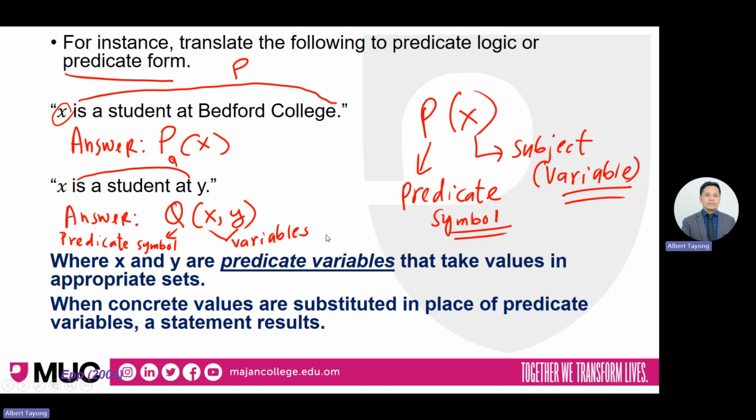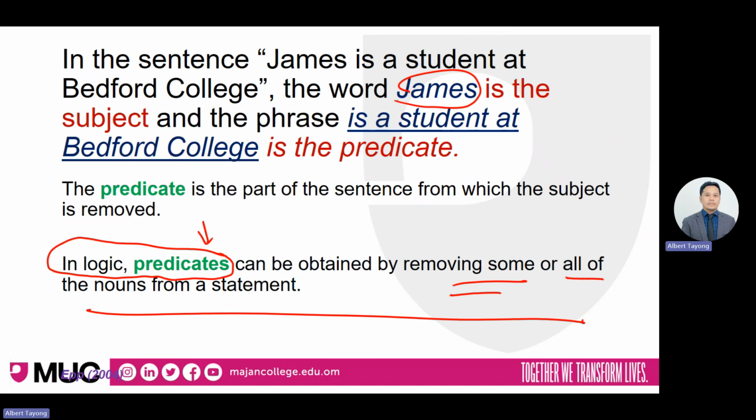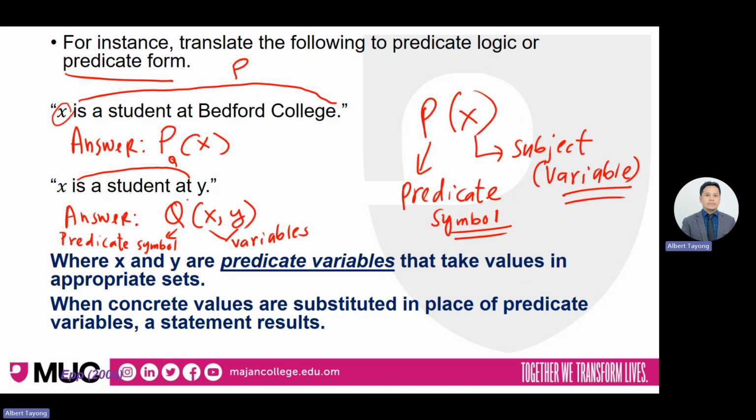Okay, so in our original sentence, James is our subject. So James is a student at Bedford College. Only James we are talking about. Very specific. And here we talk about Bedford College only. Very specific. Here, X now can be any student.